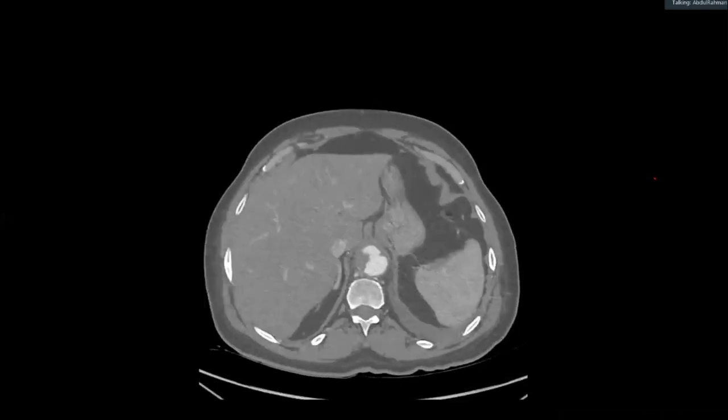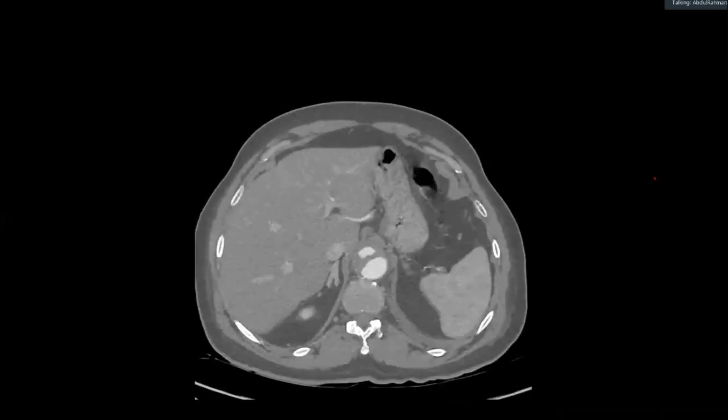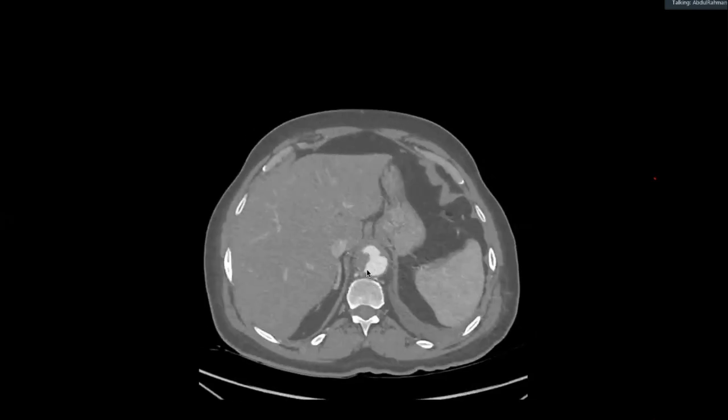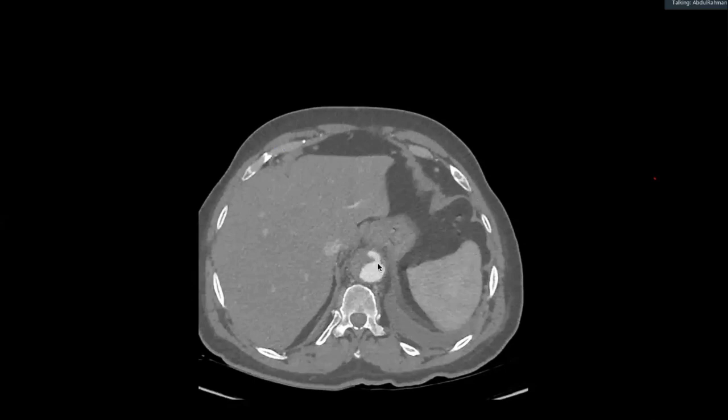So imagine if this is the wall of the stomach and you had one of these. What do you call these in the stomach? This is an ulcer, right? You see these finger-like projections coming out into the wall. So these are ulcer-like projections.